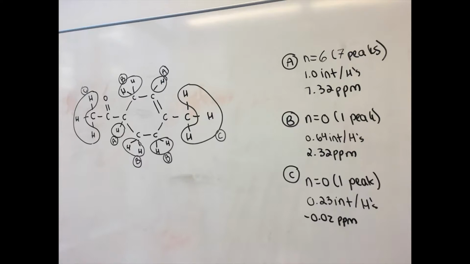Our signal B had 1 peak, indicating 0 neighbors, with a 0.64 integration or hydrogens, and a shift of 2.32 ppm. Our signal A had 7 peaks, indicating 6 neighbors, with a 1.0 integration or hydrogen, and a shift of 7.32 ppm.